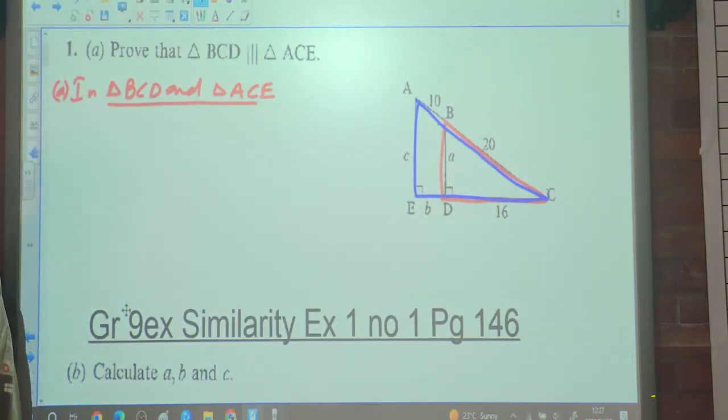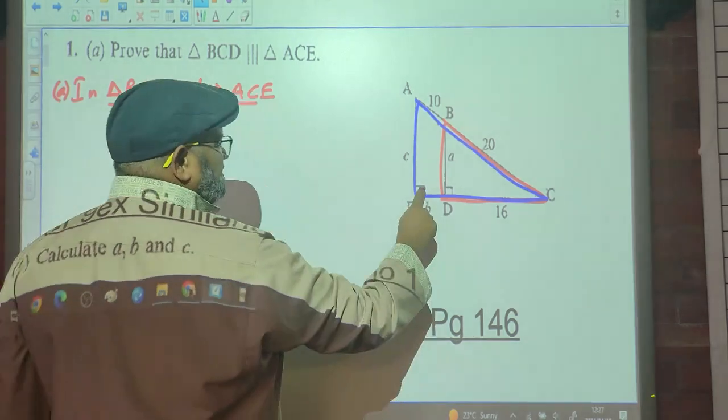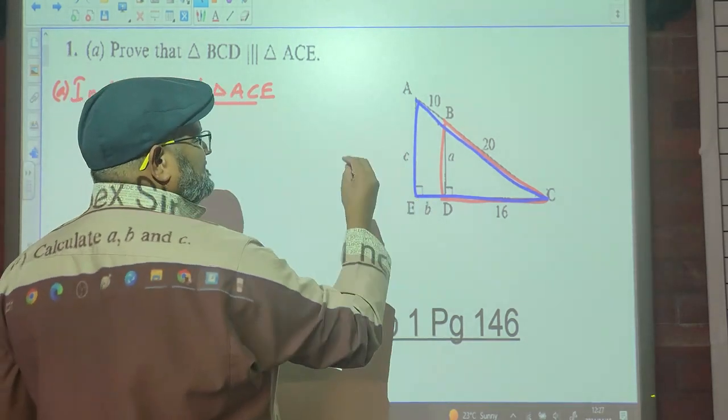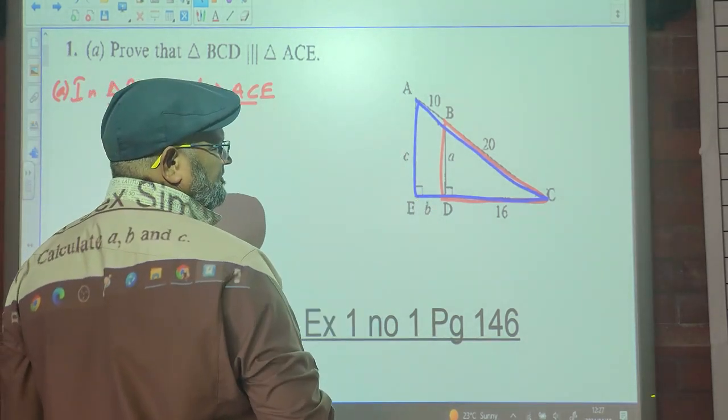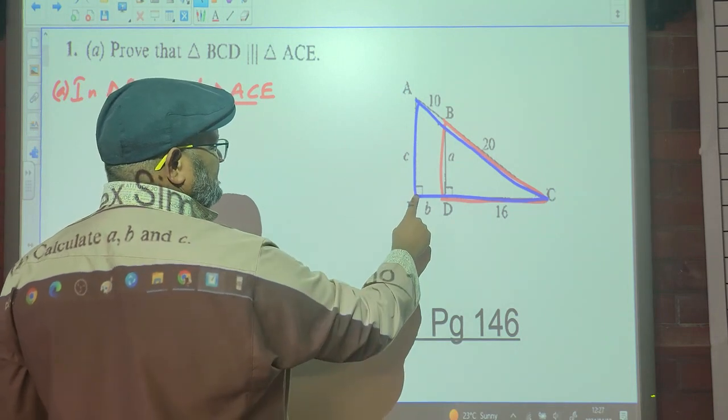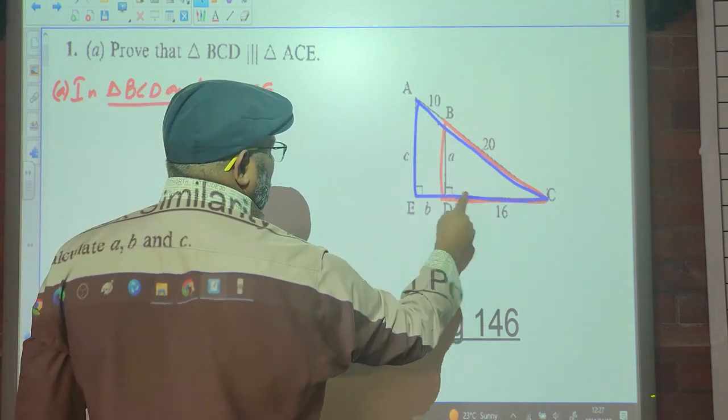How do we prove similarity? I told you yesterday, how do you prove similarity? You prove that two angles are the same. Automatically the third one will be the same. Not so. Which two angles in the triangles are the same? Angle E is equal to BDC. Why?